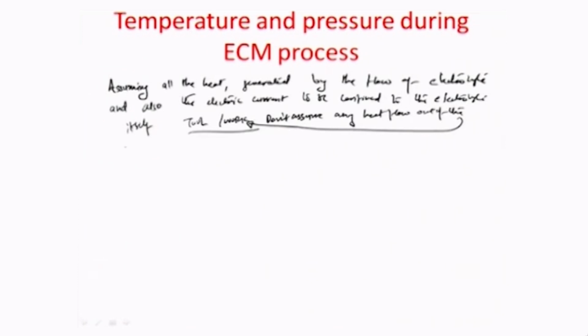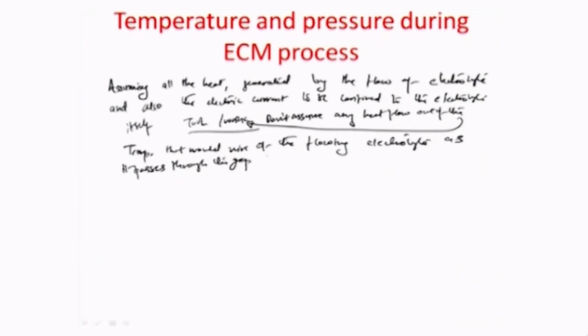So, if we assume that the temperature that would rise of the flowing electrolyte as it passes through the gap to be d theta, if the electrolyte of course passes through a length dx.